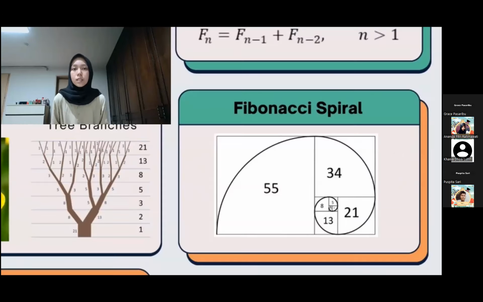Fibonacci numbers can be illustrated as a spiral with squares representing the widths of the numbers in the sequence. The squares fit nicely together, forming the spiral. In this example, 5 plus 8 equals 13, then 8 plus 13 equals 21, and so on.